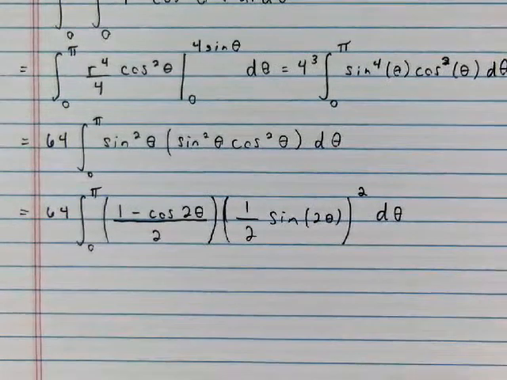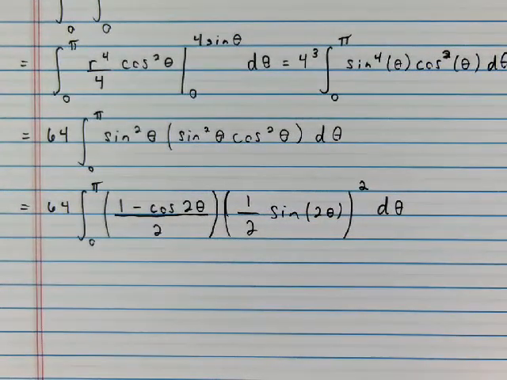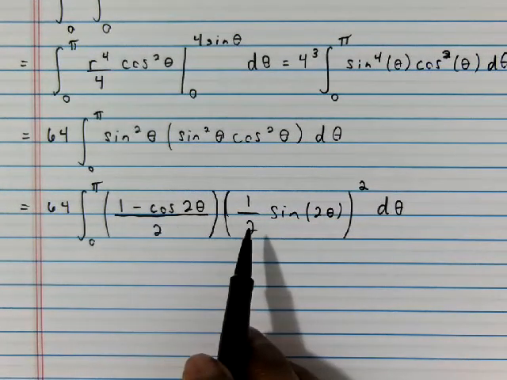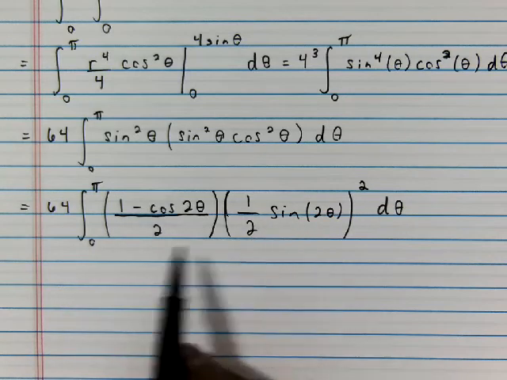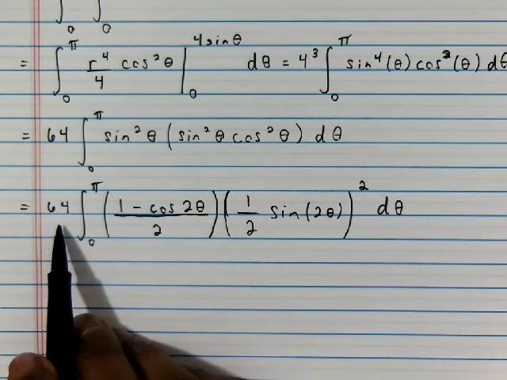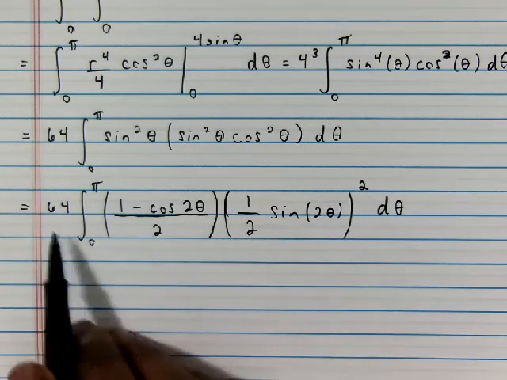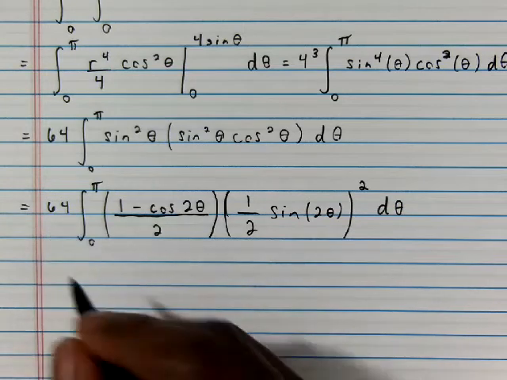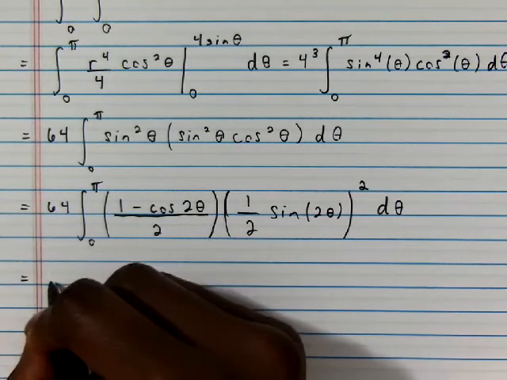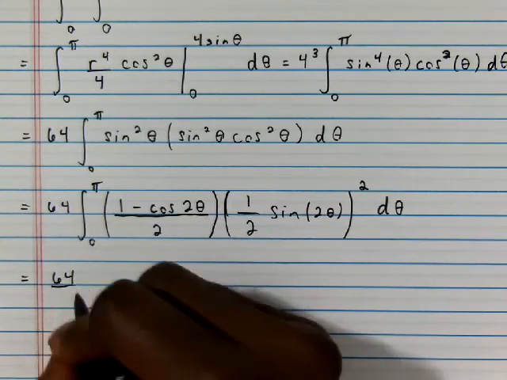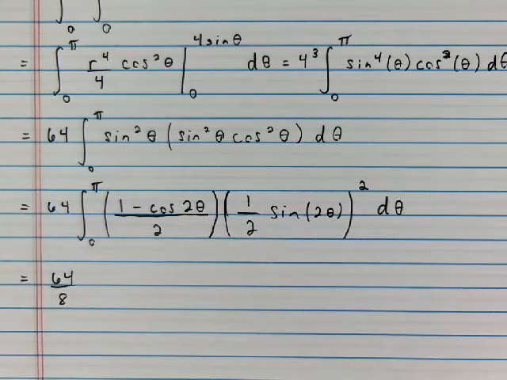Now if I simplify this, a 2 comes out in the denominator there, and a 4 comes out in the denominator here, so I have 64 over 8, which of course I could simplify, but oh well, I didn't.